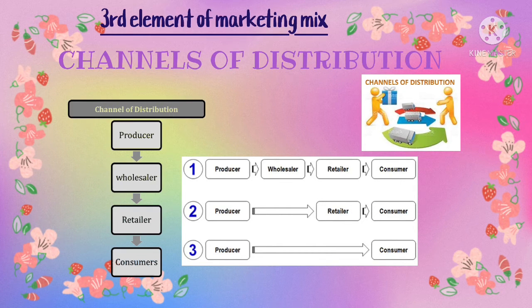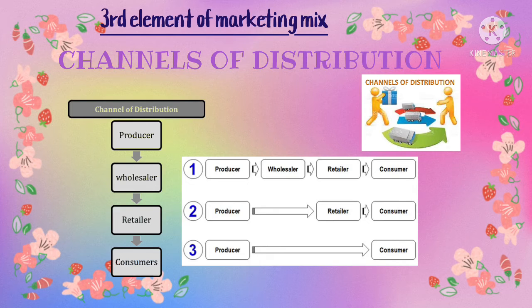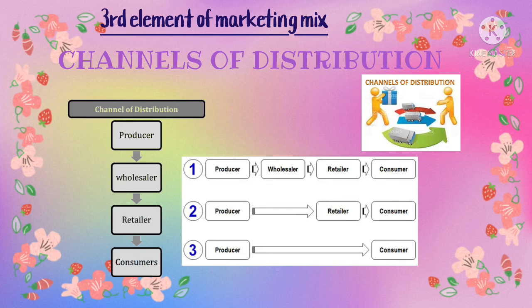Goods are produced at one place, that is the manufacturer, and customers are scattered all over the country, because customers don't stay at a particular place. So it will be very difficult for the producer himself to distribute goods to the place of consumption.